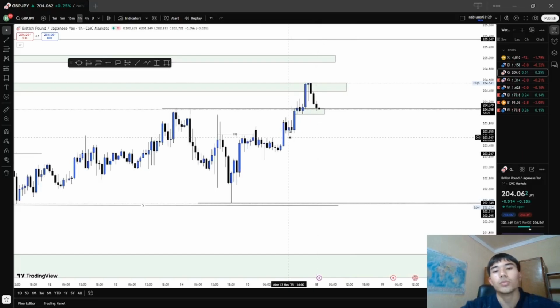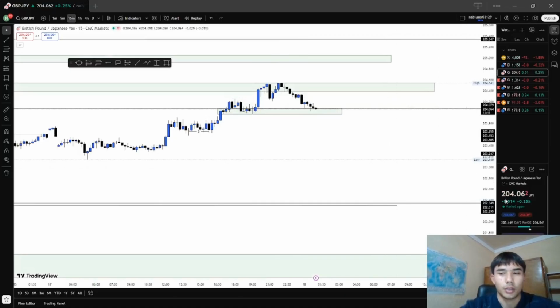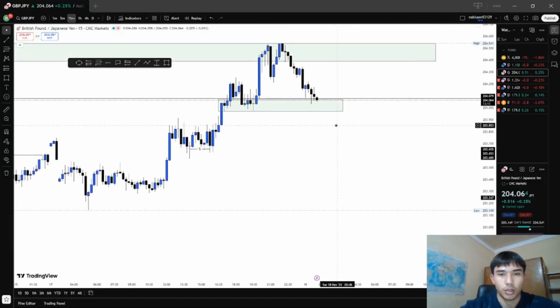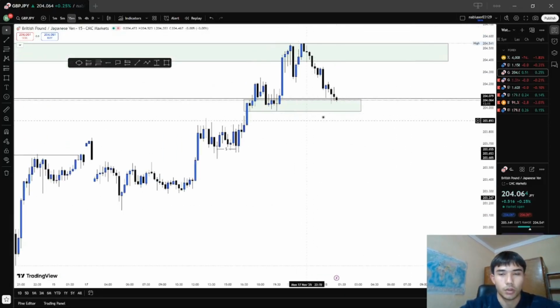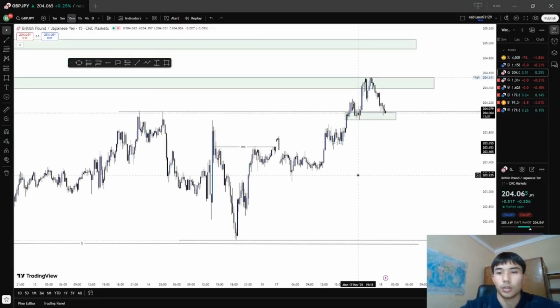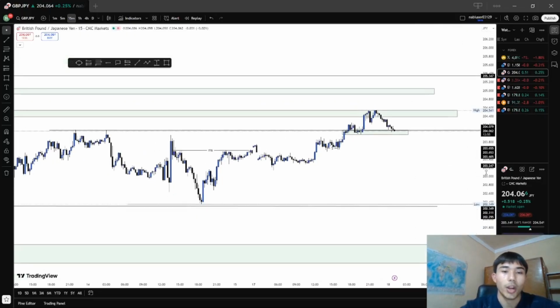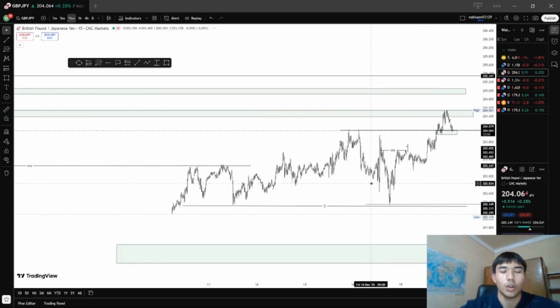Alright, so we are going to sort of respect this demand zone, but I don't really know if it's going to respect or not, or go straight down. So therefore, I'm not going to enter, making foolish mistakes like I did on gold and EUR/USD. So anyway, price is not going to fool us.